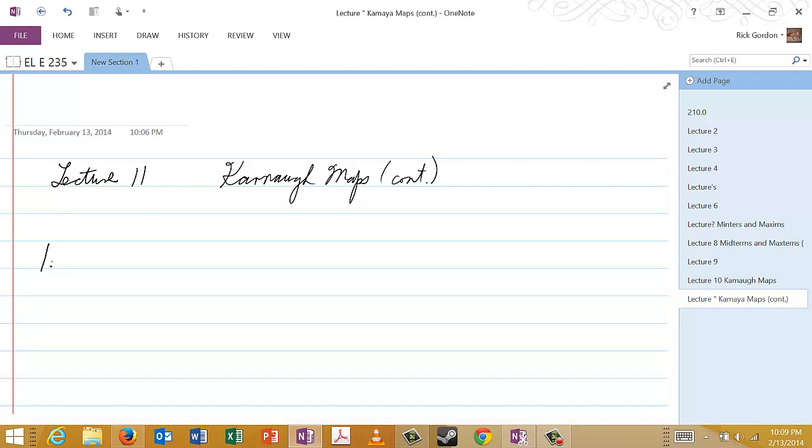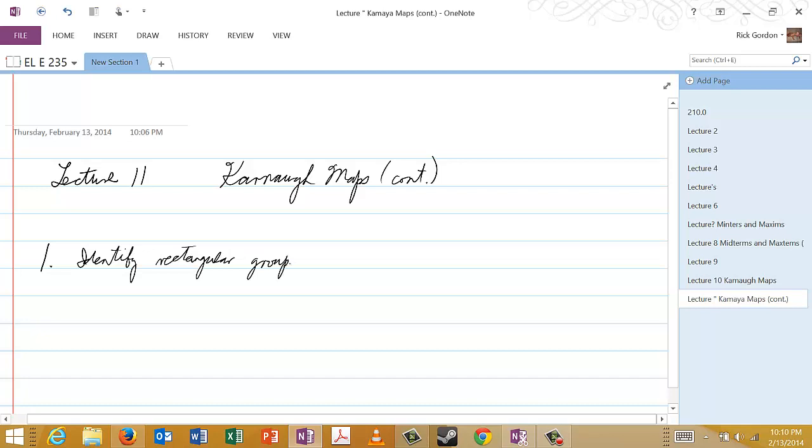And so the first step in the recipe is to identify rectangular groupings of one cells.